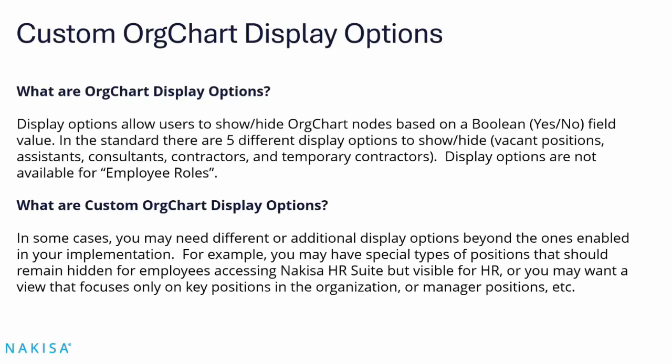So a specific criteria could be just a Boolean yes, no field. For example, you may be interested in an organization where you don't necessarily show assistants. You maybe want to look only at your leadership positions. You don't really want to show assistants in the chart, so you can hide assistants.